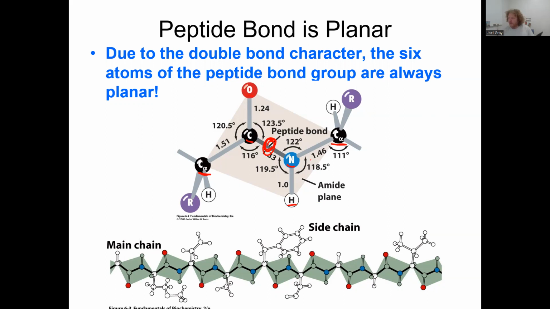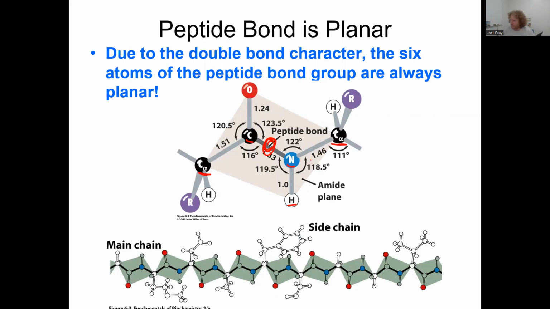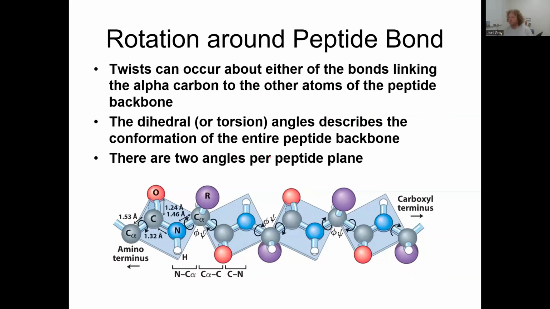Now, with that in mind, though, we do have some rotation about a peptide bond. What that means is that twists and turns can occur about either of the bonds linking the alpha carbon to the other atoms of the peptide bond. So this right here or this right here. We can have twists with those 2 bonds: alpha carbon to the carbonyl carbon, or alpha carbon to the nitrogen.